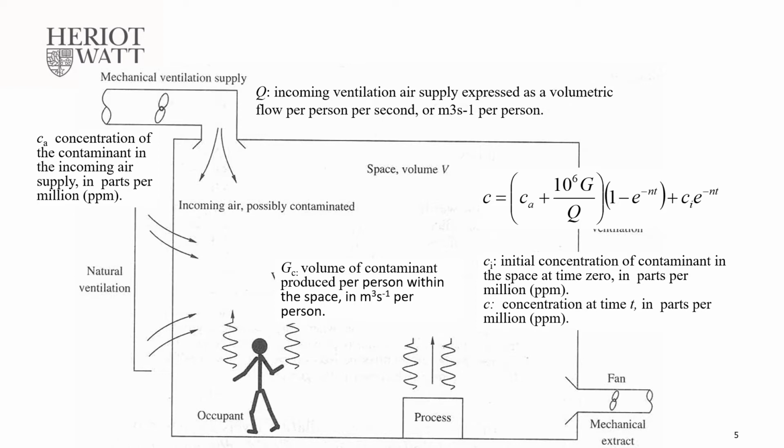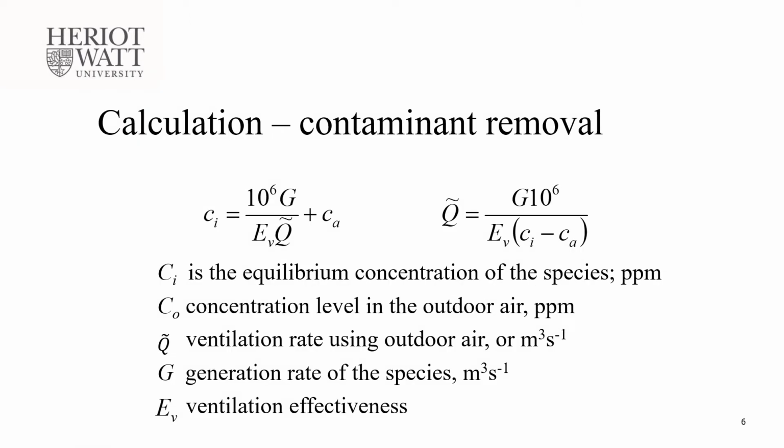The concentration C depends on the generation rate, obviously, and the ventilation rate, and also how long it happens. To simplify this, for a stabilized indoor space, the indoor concentration level is proportional to the generation rate and inversely proportional to the ventilation rate.